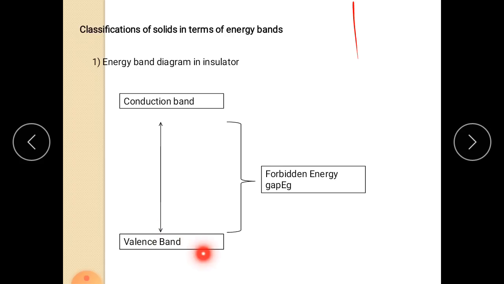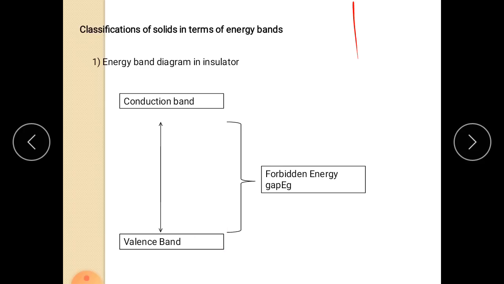It may be either completely filled or partially filled with electrons, but can never be empty. At least one electron should be present in the valence band.